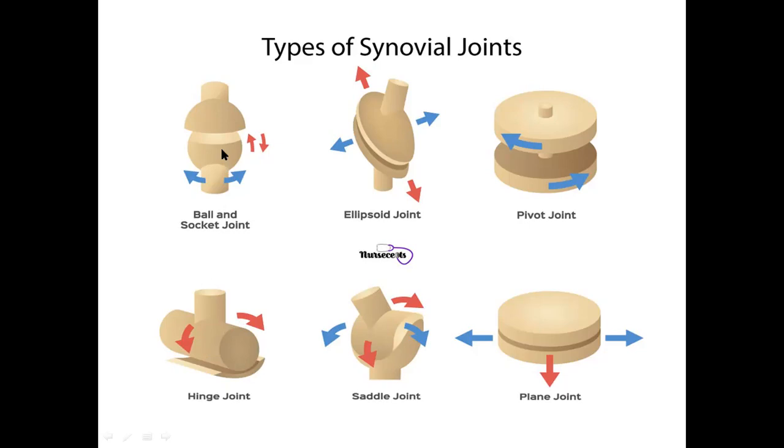This is the ball and socket variety, that is in the hip and shoulder joint, freely movable joints.